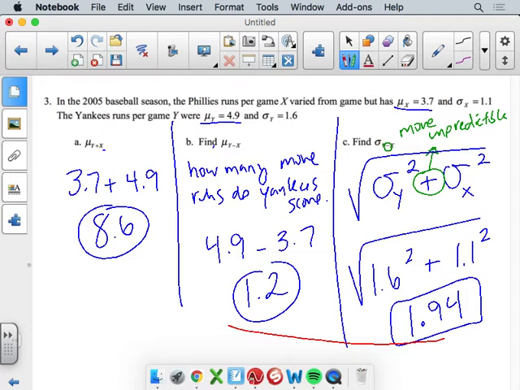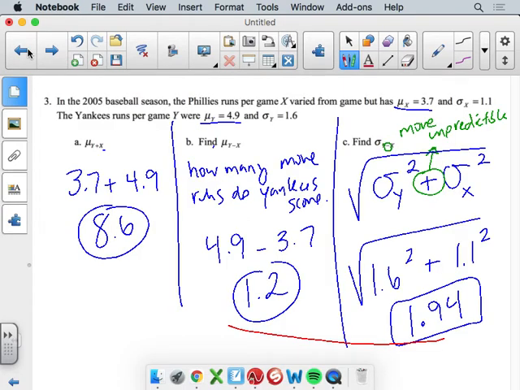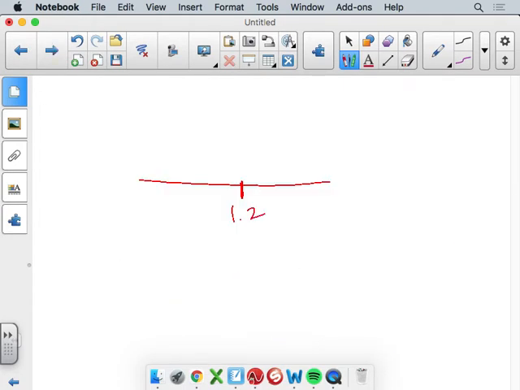If I was to draw that out, the Yankees, what was it, 1.2? So they typically score about 1.2 more, but here's them tying. So here's the Phillies winning. Here's the Yankees.